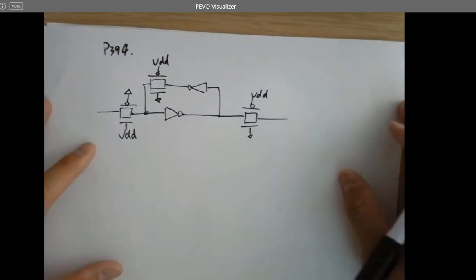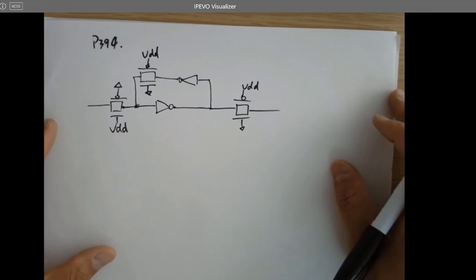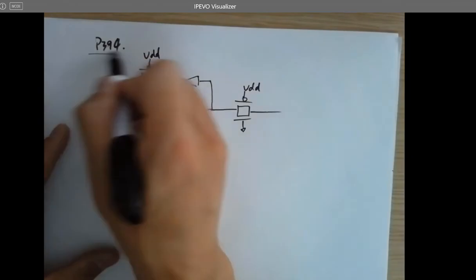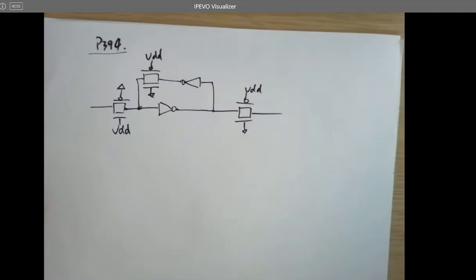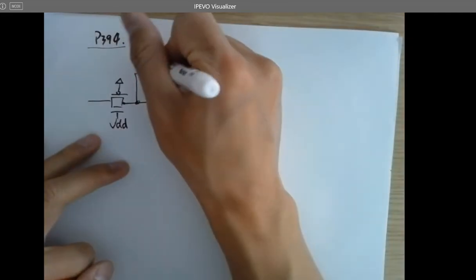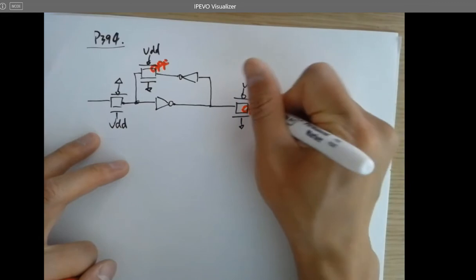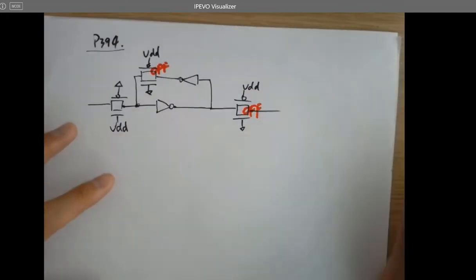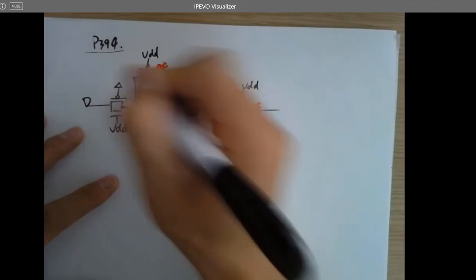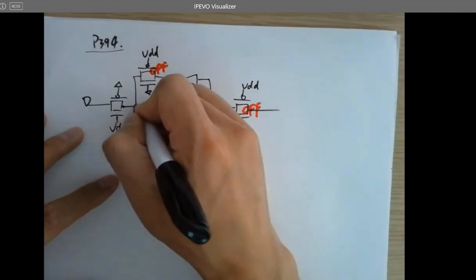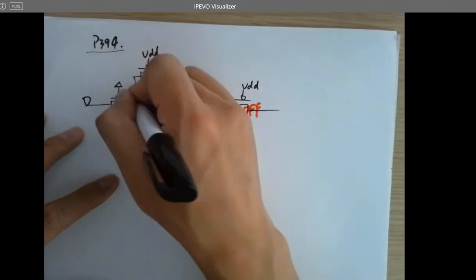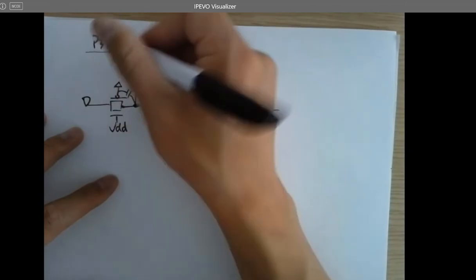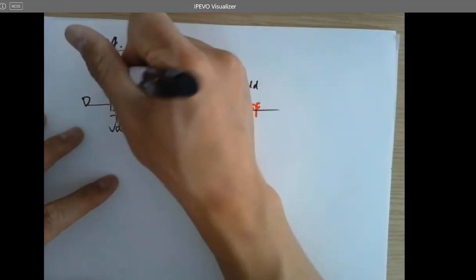Right? So when it's off, you don't have to look at its caps. It's not doing anything to the circuit. So that's off, off. This is on. So looking at this part, you got a half of Cox P here.